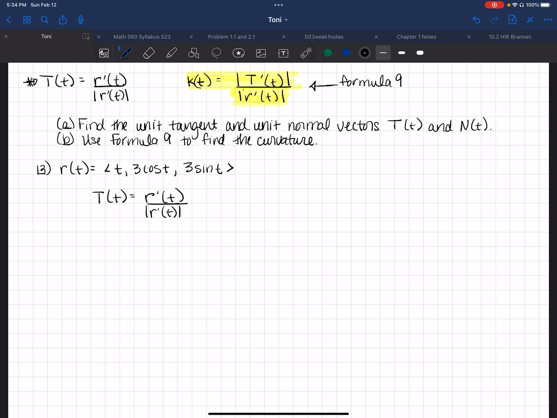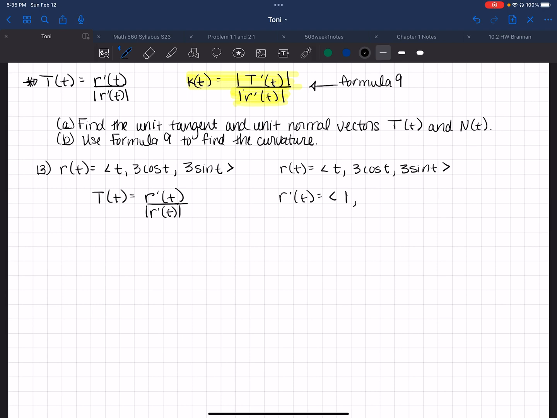So if I find T of t, I need to take the derivative of r, and I know that r of t, they gave me number 13, is t, 3 cosine of t, and 3 sine of t. And remember, these are what's in front of our vectors i, j, and k, and we're going to take the derivative with respect to t. So that means that r prime of t is going to equal 1, comma, because the derivative of t is just 1.